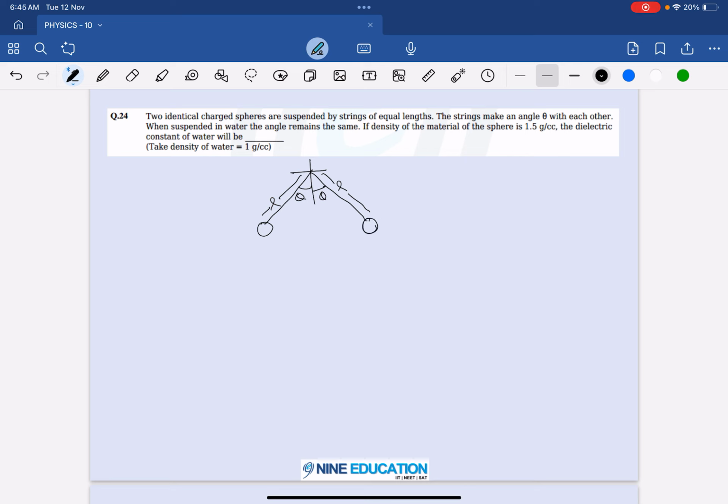If they are of the same material, each will also have mg. When suspended, since they repel each other with the same charge, this becomes T cos theta, this will be their electric repulsion force F, and this will be T sine theta. Correct? So this is our theta.